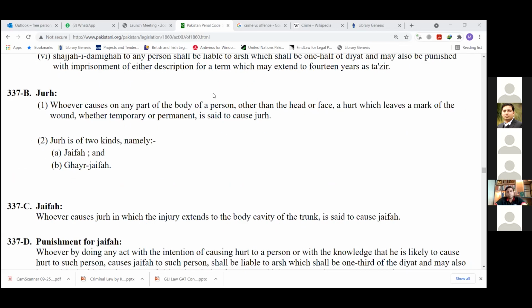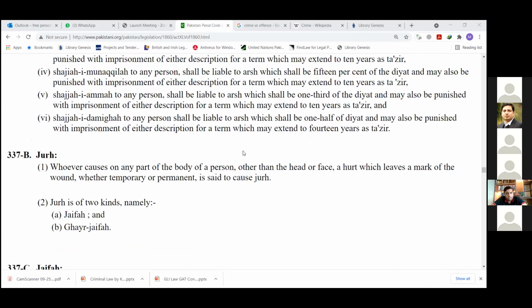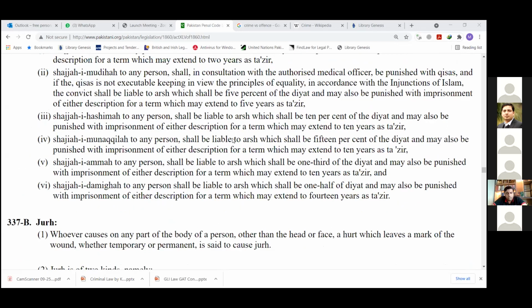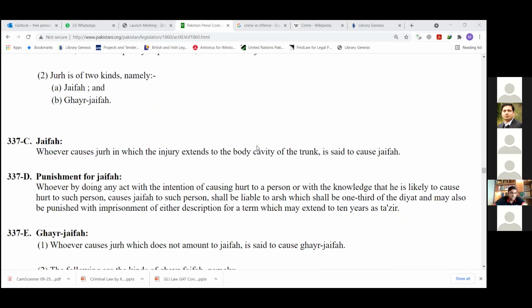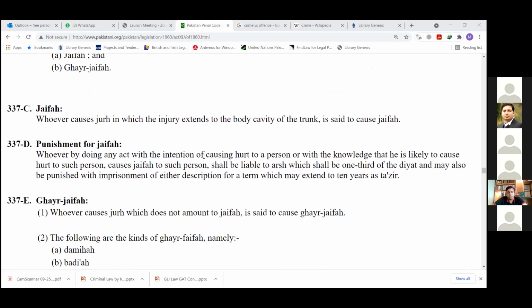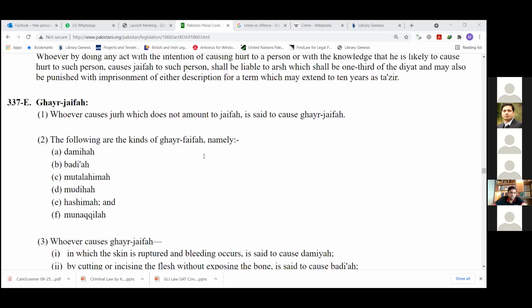Jurh, on the other hand, 337B, is the offense which, other than on head or face, causes hurt and leaves a mark on the wound. So other than face and head is jurh: jaifah and ghair jaifah. So body cavity is included in jaifah, and other than body cavity is included in ghair jaifah.